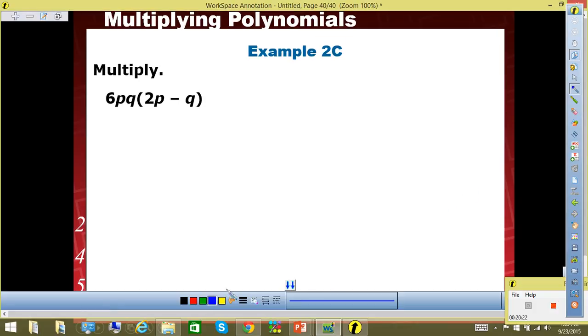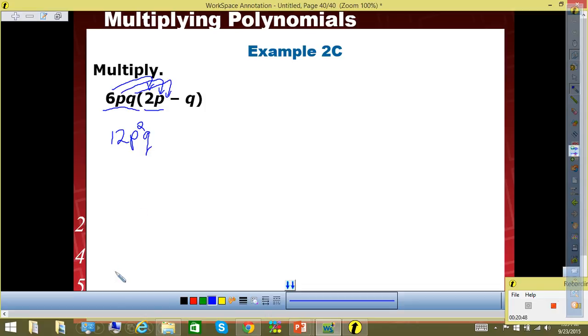So here we go. I'm going to start with blue. I'm going to multiply this one times the first term. Therefore, 6 times 2, 12, p times p, p squared, q times, there's no q here, so basically it just comes down and slides right in there. Everybody see how that works?